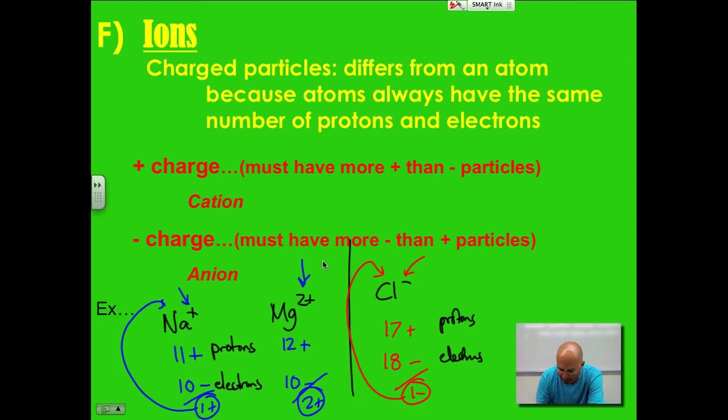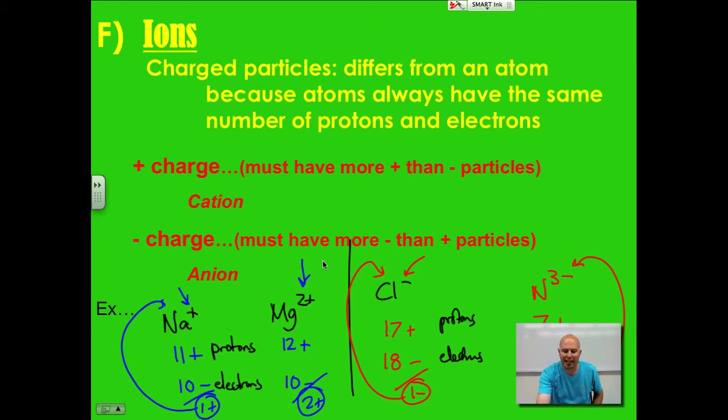Another example, if I have nitrogen with a 3 minus charge, protons, well, there would be 7. Because it's nitrogen, there are 7 protons. There would be 10 electrons, again, 7 pluses, 10 minuses, gives you that net charge of 3 minus.